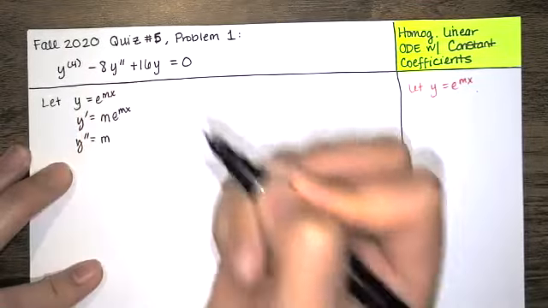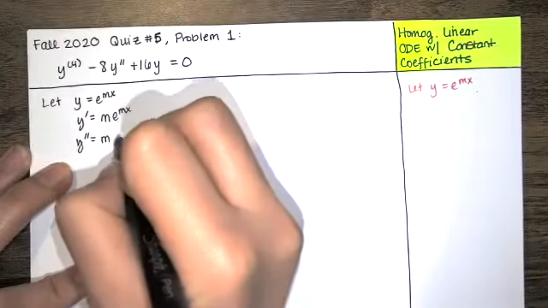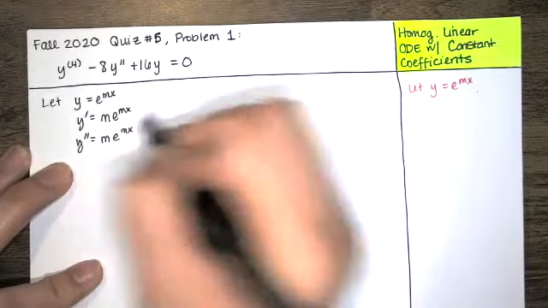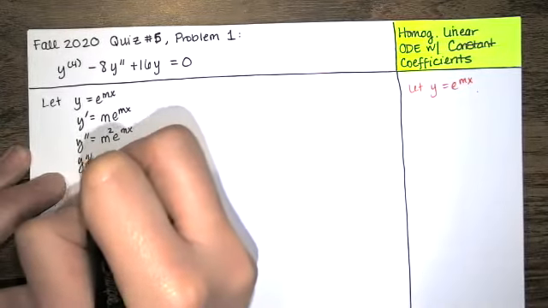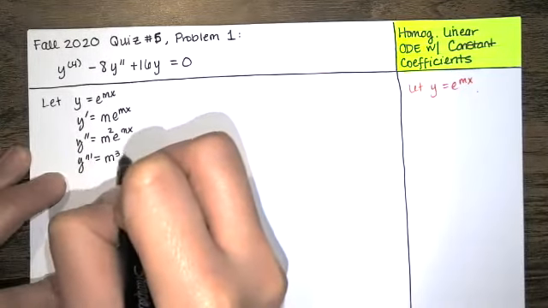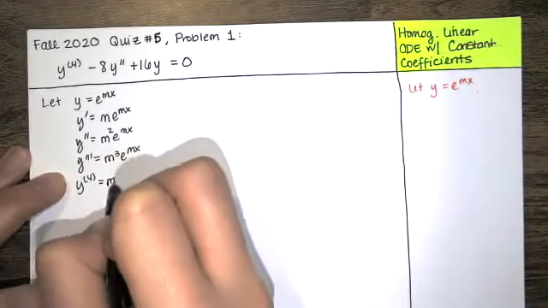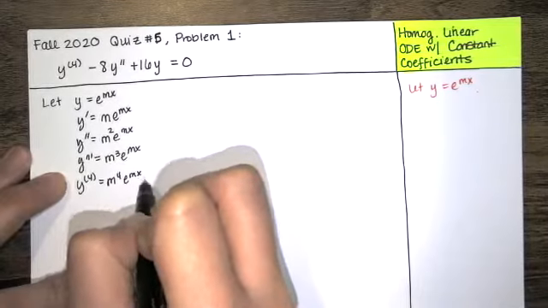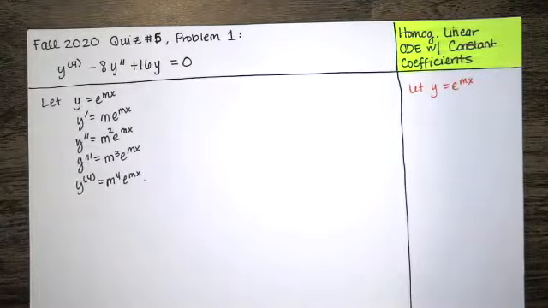Then you bring your m down, and then you multiply by e to the mx's derivative again. The derivative of e to some power is e to that power times the derivative of the inside, which gives us another m, so we'll have an m squared out front. Every time we take a derivative, we end up multiplying by another m because of the chain rule. And then we substitute these into the differential equation.